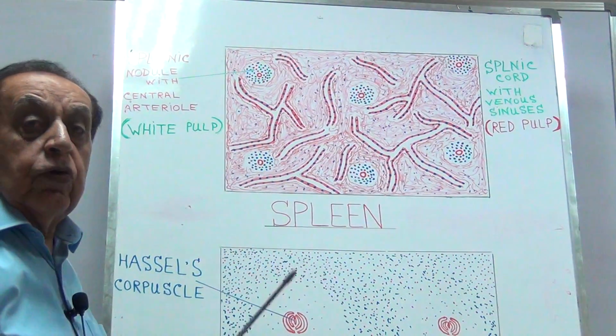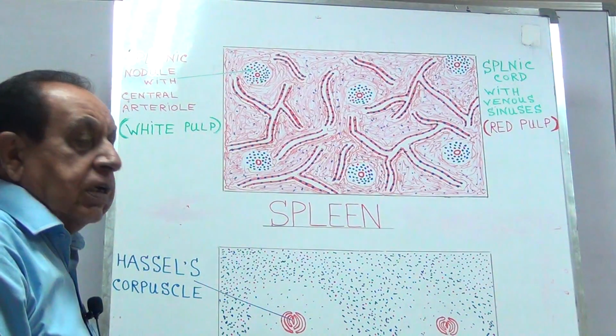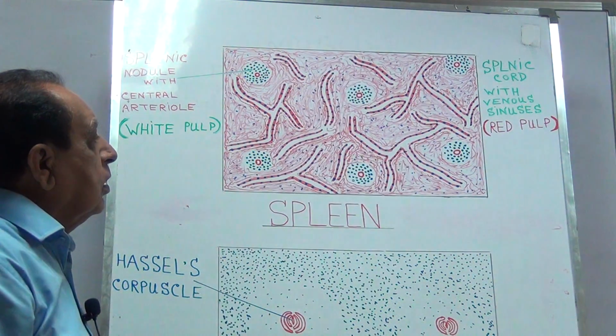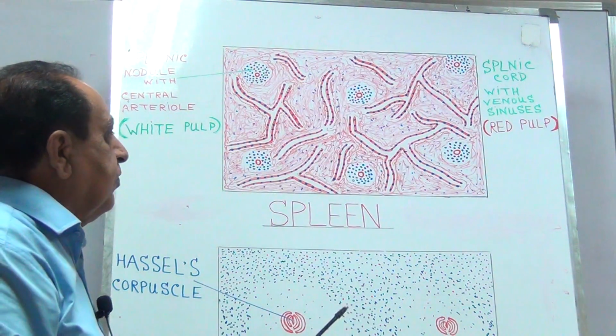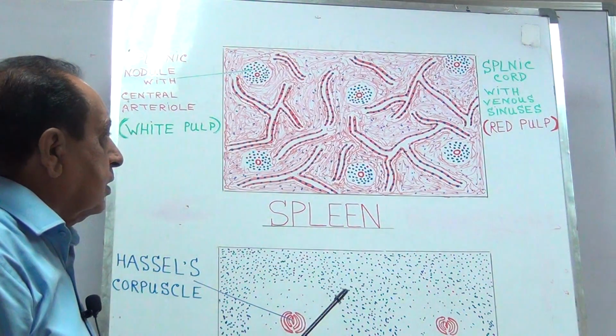They are called the venous sinuses, and they contain blood, while in lymph nodes and tonsils the sinuses contain lymph. But here these sinuses contain blood.